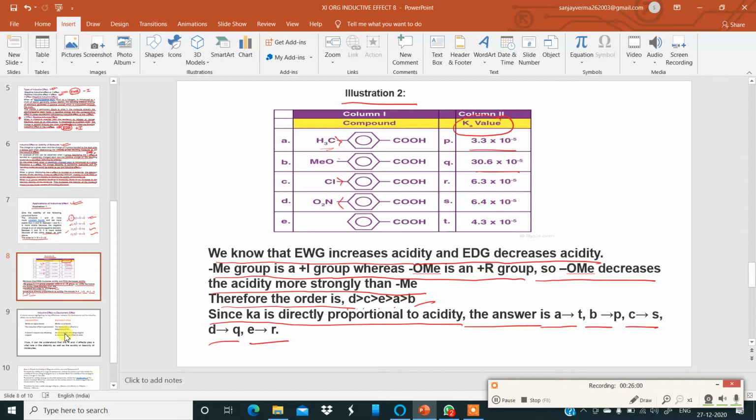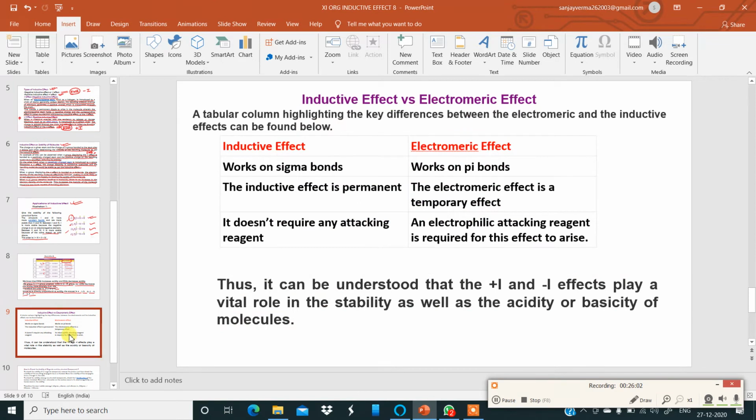Okay. Now, next, there is a difference over here. A comparison between the inductive effect versus the electromeric effect. Now, a tabular column highlighting the key differences. So you look over here.